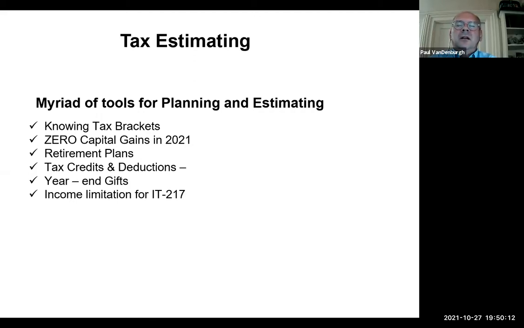If you exceed, and I believe the number, $200,000 of gross income on the New York State return, the amount of farmers' school tax credit that is available is reduced by a percentage of an amount of income over $200,000.